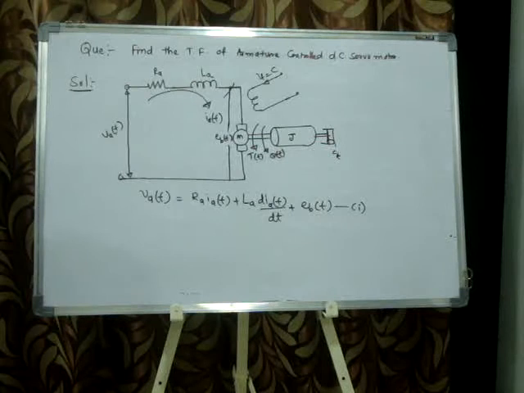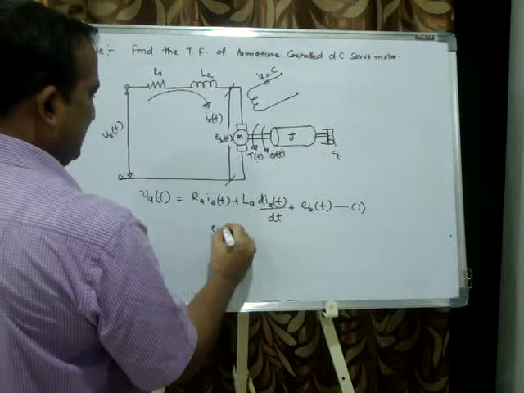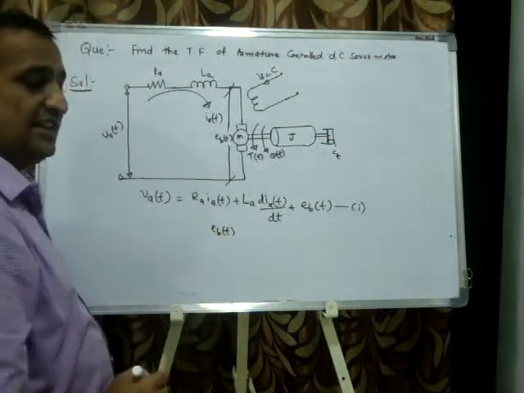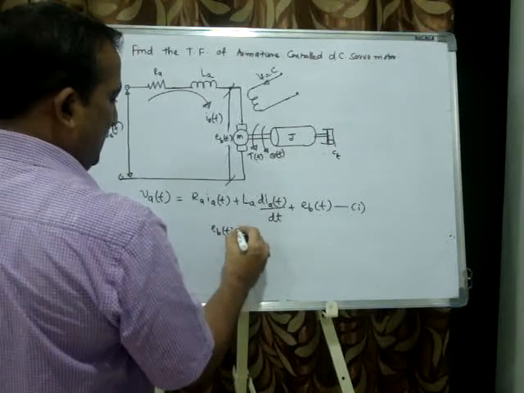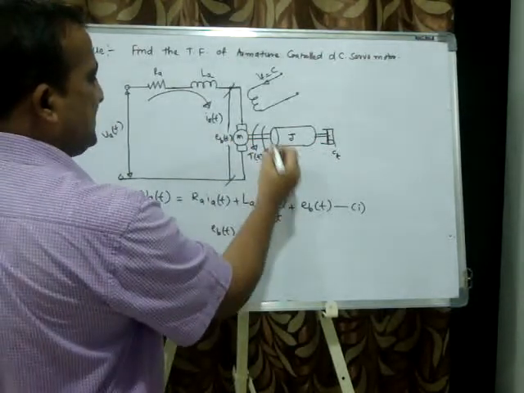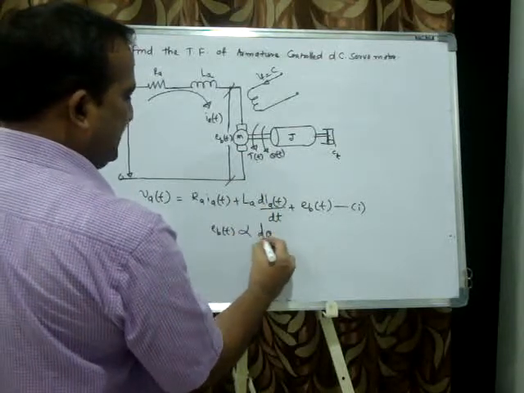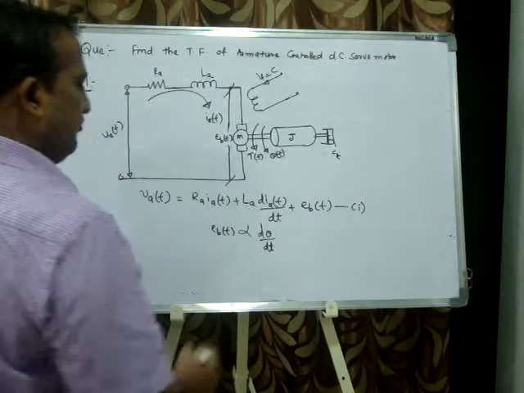Now, I will write the electromechanical equation. When the back EMF goes on increasing, what happens? The velocity of the shaft increases. It is directly proportional to the velocity, d theta by dt.